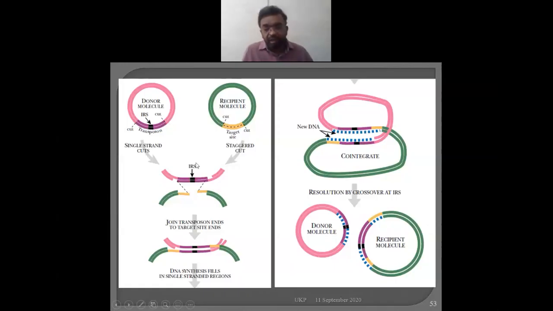They only get separated, they do not get detached. In the former case, they get detached. Now the transposase is also responsible for making the staggered cut, as I already explained to you. And hence this IRS or transposable element part is going to connect to the recipient molecule.